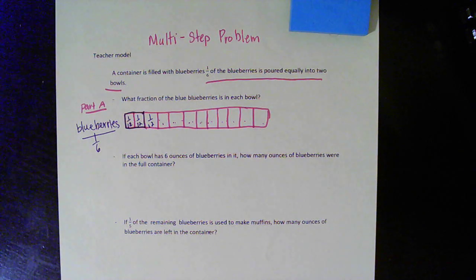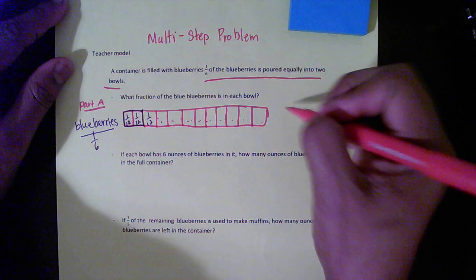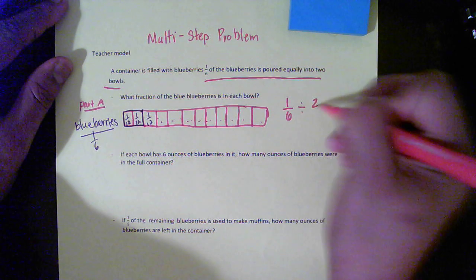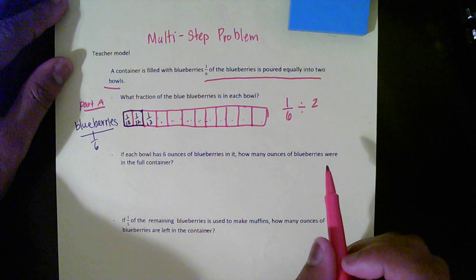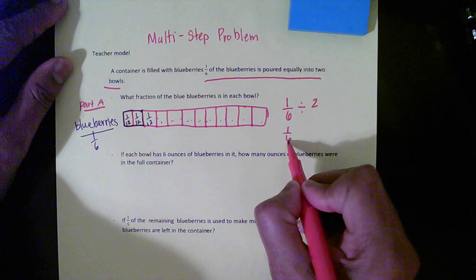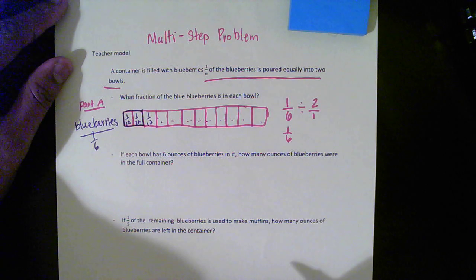So now, just in case I want to check my work and say, well, is that correct? I'm going to say 1/6 divided into 2, right? Into 2 parts, into 2 bowls. Using this algorithm, I know that 1/6 stays the same. I'm going to convert this into a fraction, right?